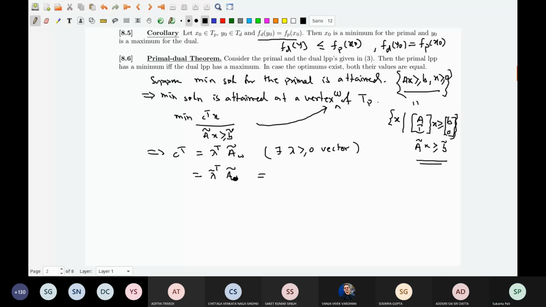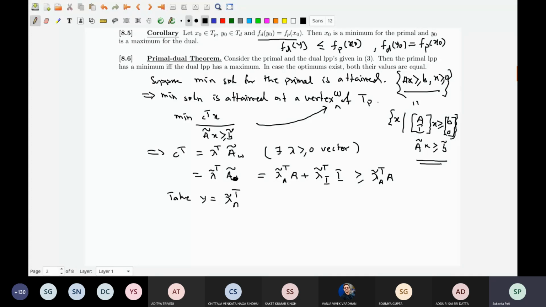So this is equal to the part of lambda tilde corresponding to A, that transpose multiplied by A, plus the part of lambda tilde corresponding to I, and then multiplied by I. And since lambda tilde vector is non-negative, lambda was greater than or equal to 0, and I have added a few more 0 entries, this is greater than or equal to lambda tilde A transpose multiplied by A. So you take y is equal to lambda tilde transpose A.